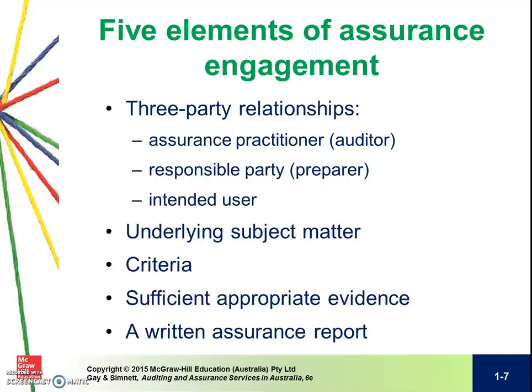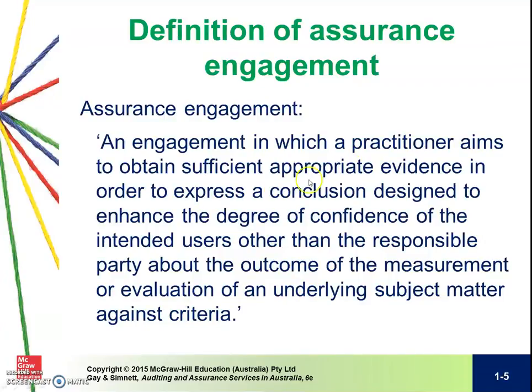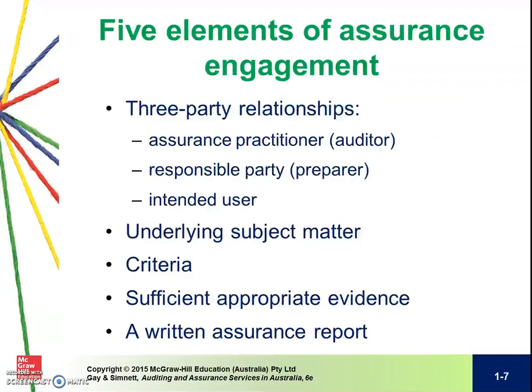The 3 parties are the auditor or assurance practitioner, the responsible party or preparer, and the intended user. Do you see these 3 parties appear in the assurance engagement definition? Yes, they do. Alright, now the next one.